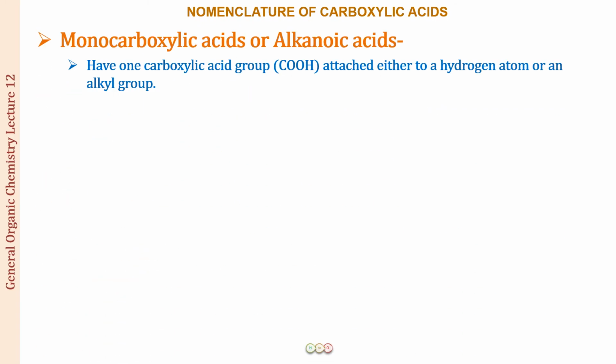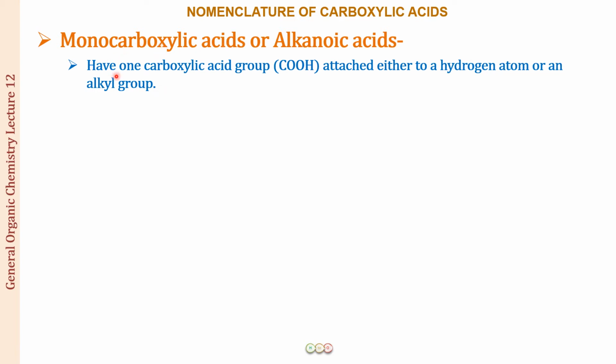The next class of compounds are called the carboxylic acids or the alkanoic acids. And how do we get them? Well, if one carboxylic acid group, that is the COOH group, is attached either to a hydrogen atom or an alkyl group, we call this a carboxylic acid.